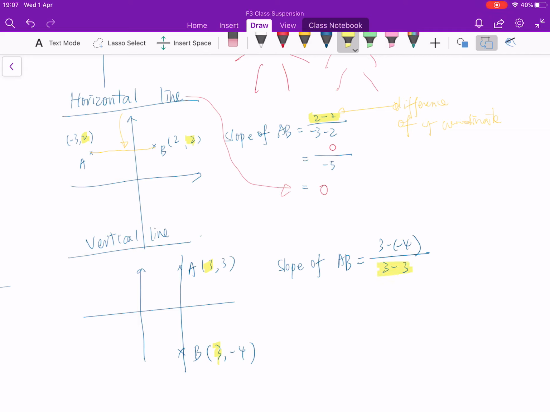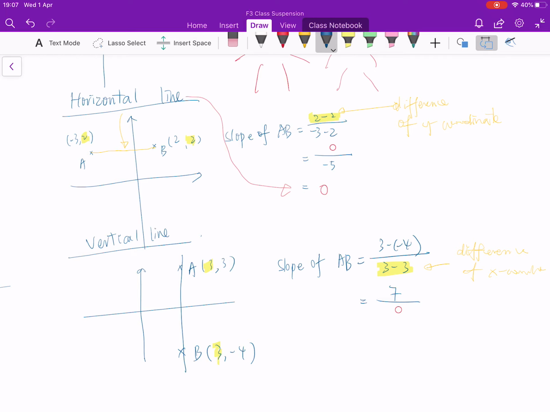Therefore, when you're taking the difference of the x coordinates in the denominator, it must be 0. So whenever you are calculating the slope of a vertical line, the denominator is 0, and for this case, the numerator is 7.